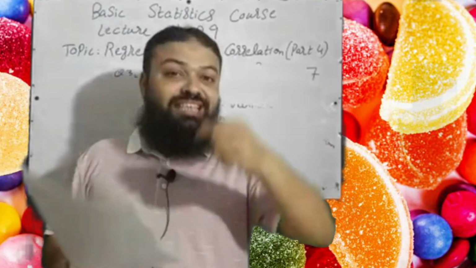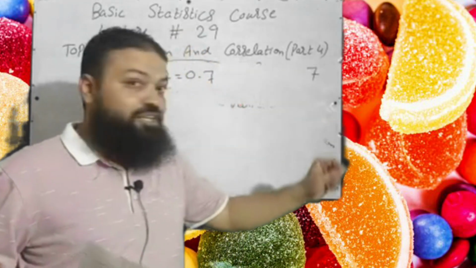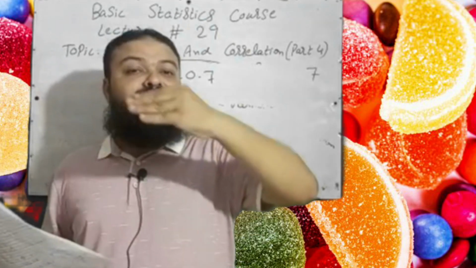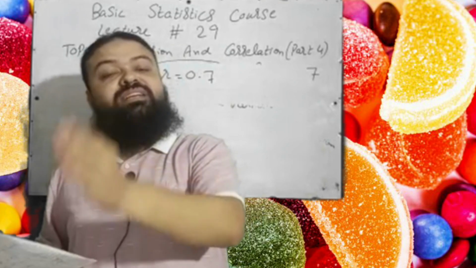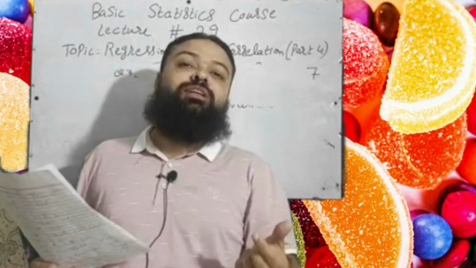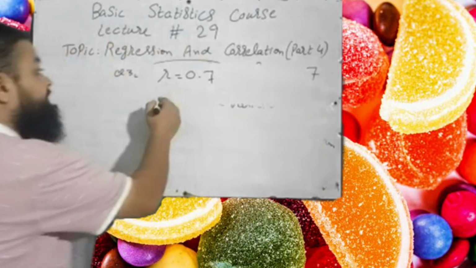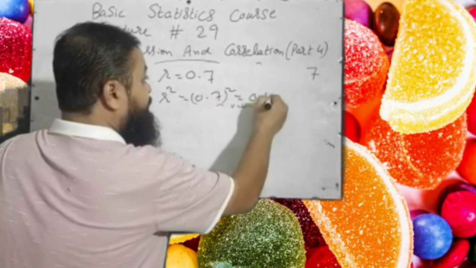Dear students, that is the definition of R square, the variation of the dependent variable explained by all the independent variables. That is the question when R is given, and we will have to take the square of R. 0.7 square will be 0.49.